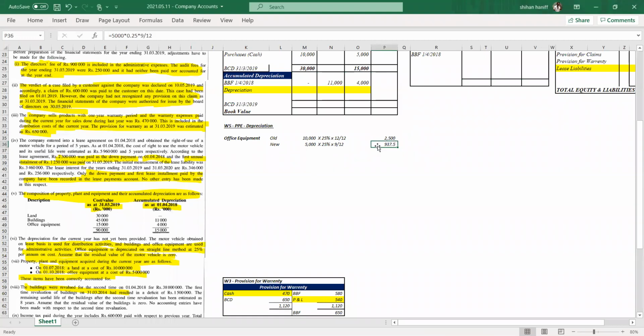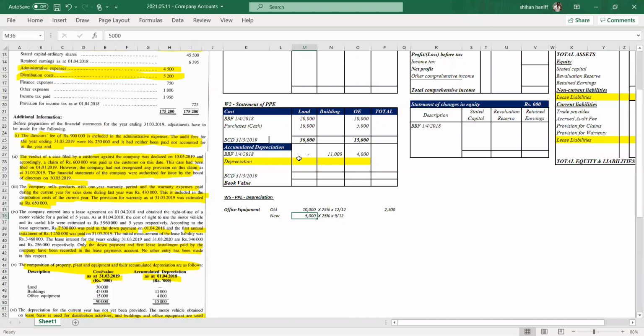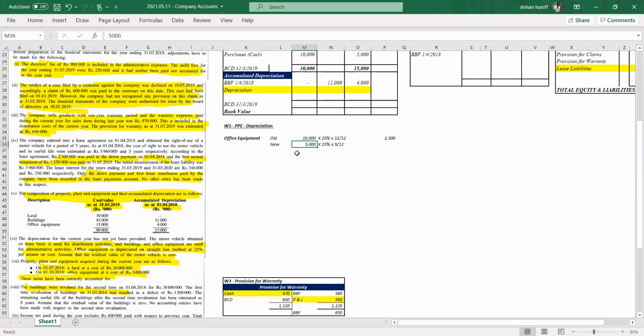Give me a minute. Sorry, office equipment was purchased on 1st of October. There's a small mistake. Land was only purchased on 1st of July. Office equipment was purchased on 1st of October. 1st of October means only 6 months. 5,000 into 25% into 6 over 12.